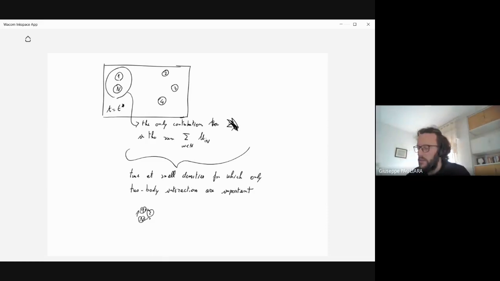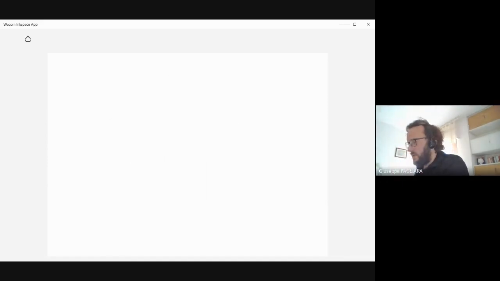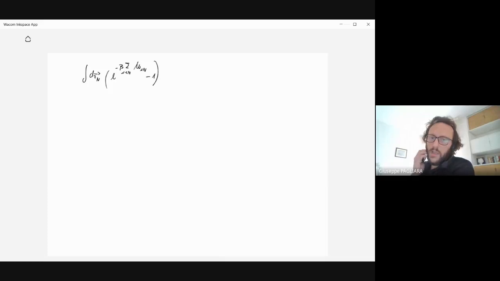Let us consider this integral. Let me change page. I have the integral of dr_n of e to the minus beta sum over i less than n of u_in, minus 1. Now this integral must be an integral over the total volume.